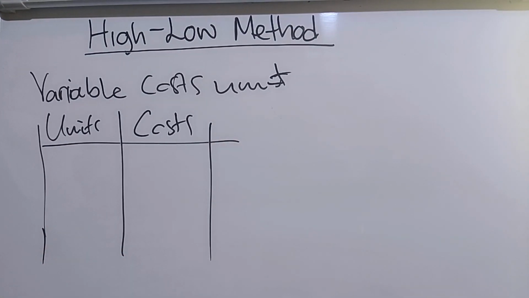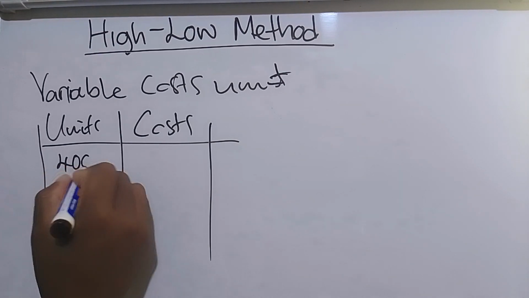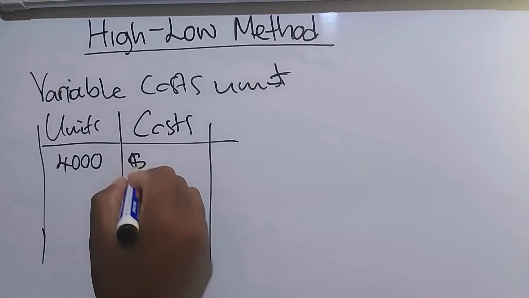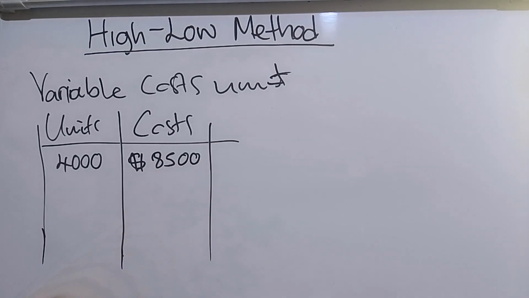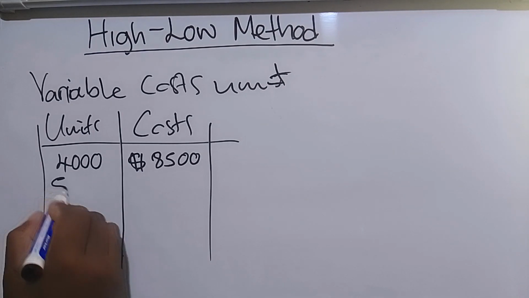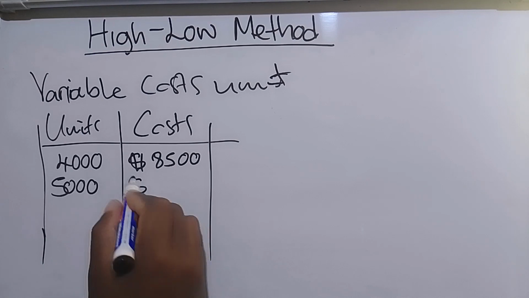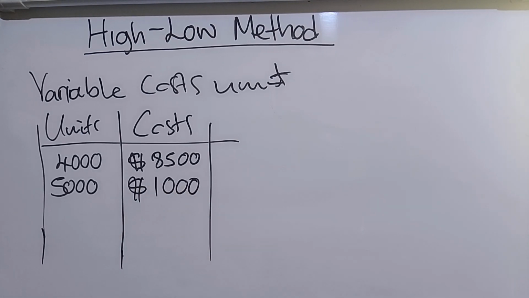To produce 4,000 units of products, this organization requires $8,500. To produce 5,000 units, the same organization requires $10,000.